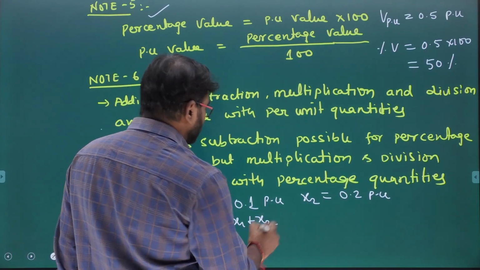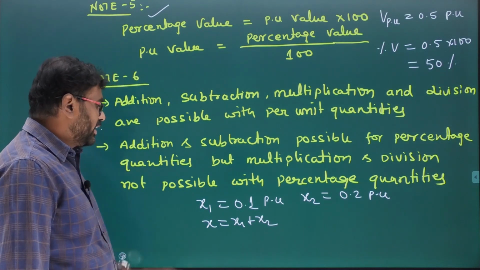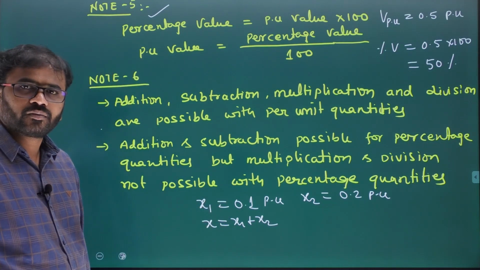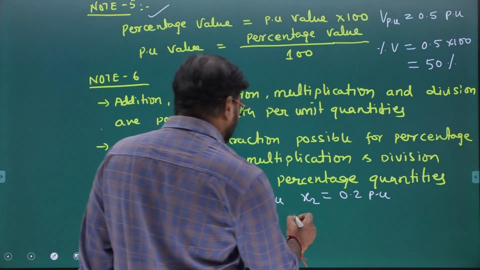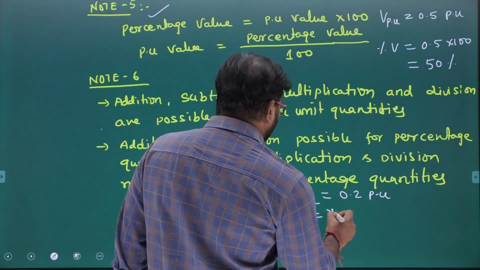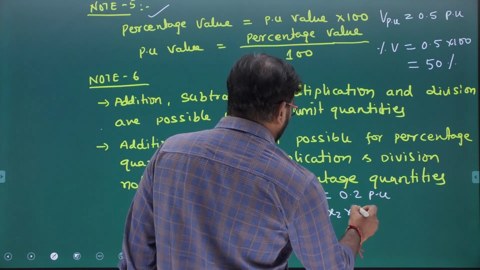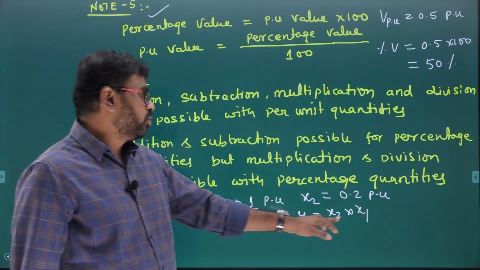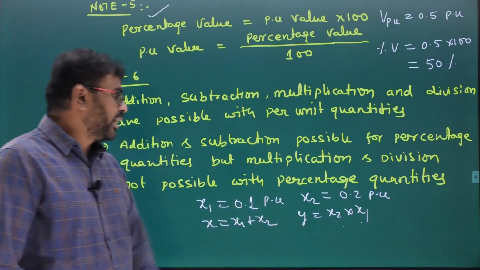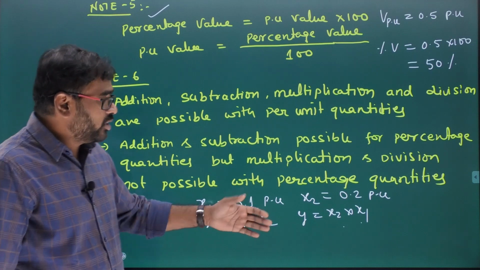If that is the case, I can directly add the per unit numbers. The resultant is a per unit value. Okay, for example, I want to calculate y, that is x1 into x2, whatever it may be. Then yes, x1 into x2 will give you again y, which is also a per unit number.